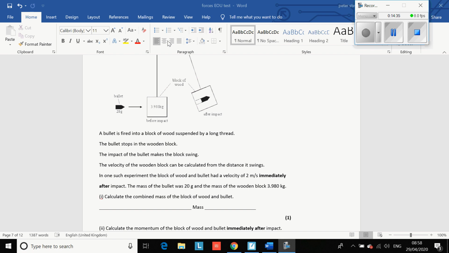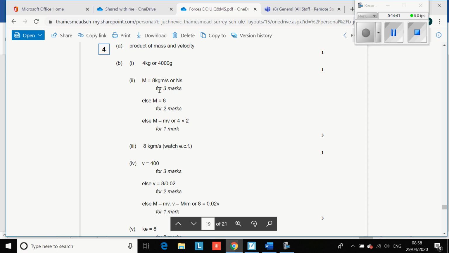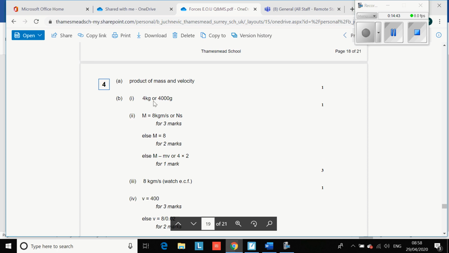Okay, so you need to do simple momentum, mass times velocity. If we apply this, the combined mass was 4 kilograms. So mass times velocity gives you momentum.